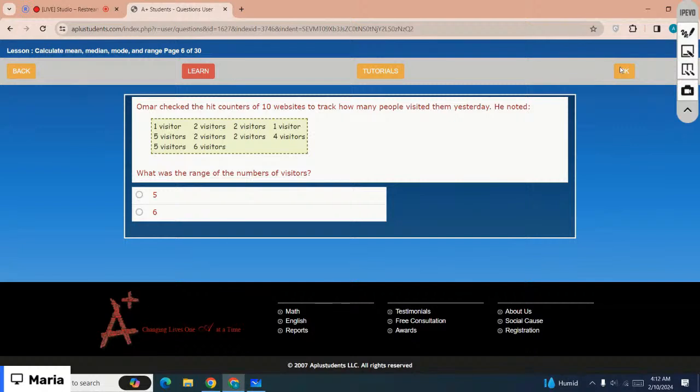The greatest number in the data is 6. The least one is 1. So 6 minus 1 is 5. So the range of the data is 5.